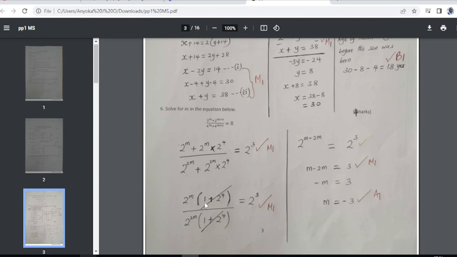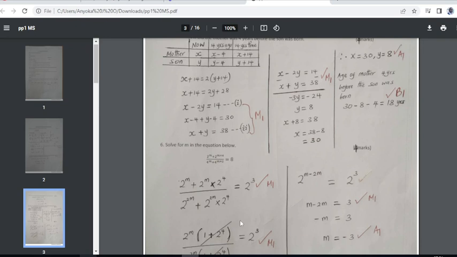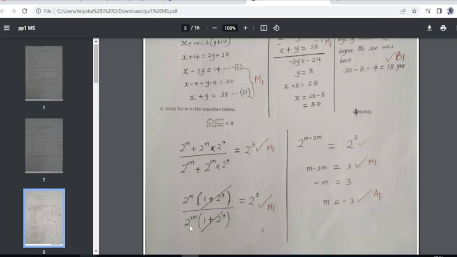If we evaluate, 2 to power 4 is 16. 16 plus 1, 17. So 17 will cancel with 17, so that we remain with 2 to power m over 2 to power 2m.